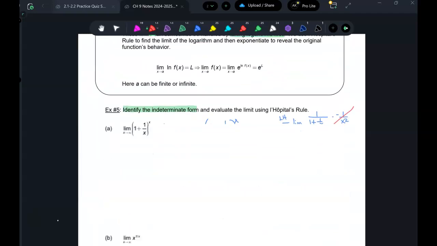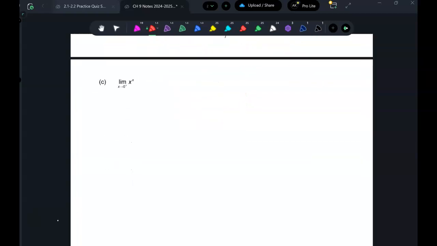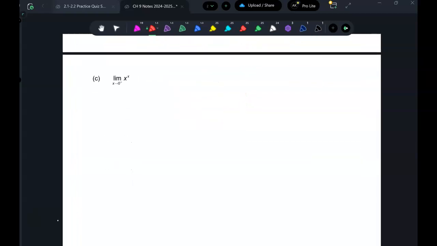Did we get 1 for this one? No, I got 1 for B. This one is in the form of 0 to the 0. Equals 1.